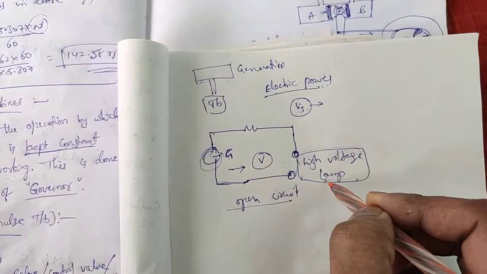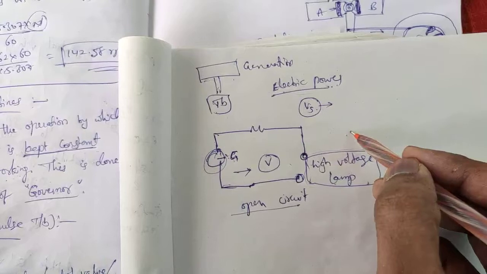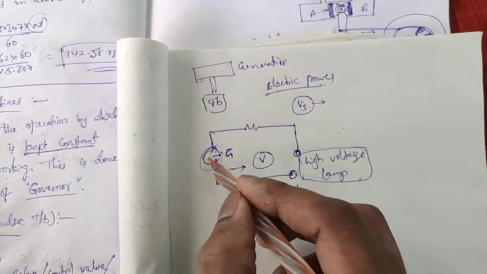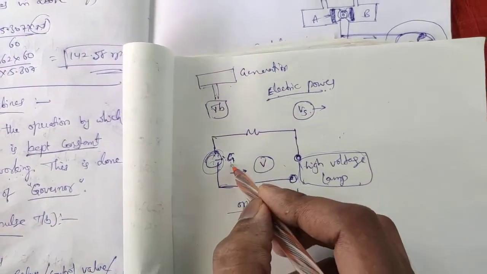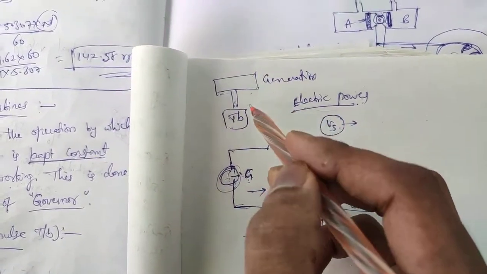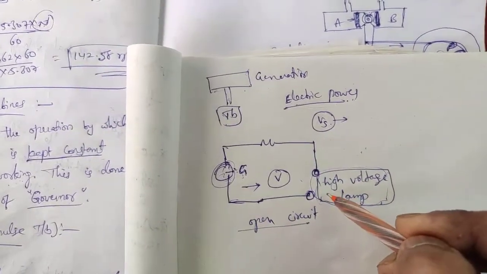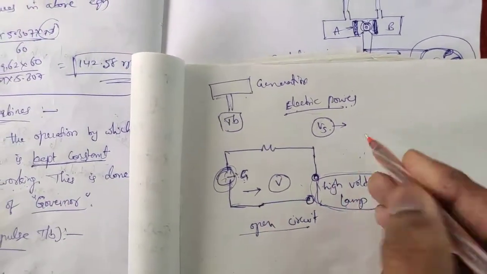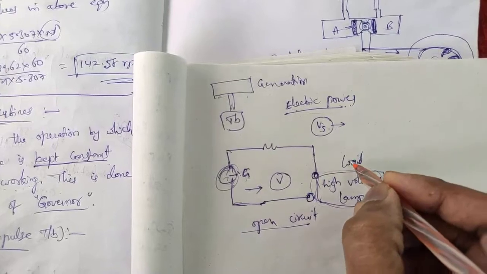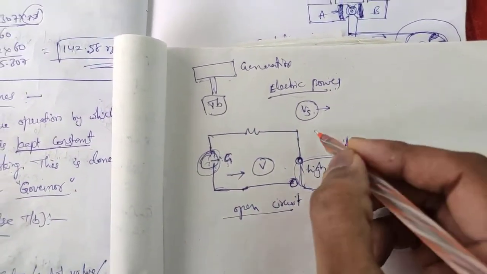This lamp needs more voltage, so this high voltage needs to be supplied by the generator. That means power supply. In the same concept, whatever is added at the end terminals of the circuit is called load, or electric load.